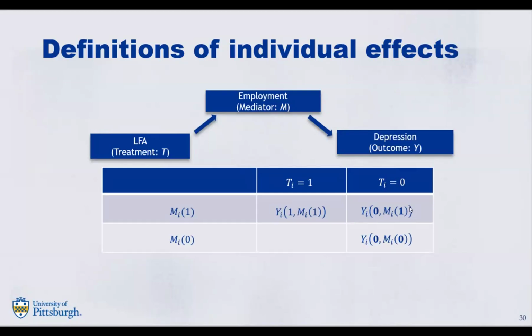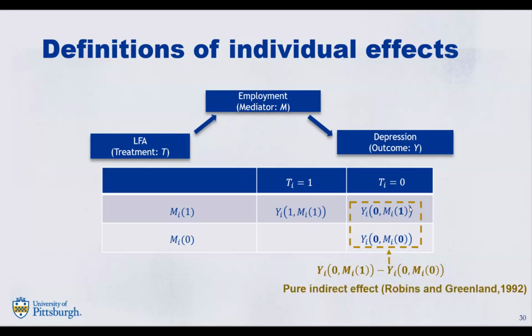Again, doing the same exercise, try to think about which two potential outcomes you are going to use to define the indirect effect, which reflects how the treatment-induced change in the mediator affects the outcome without changing the treatment. Yes, we're going to compare these two potential outcomes. We control the treatment at 0, while changing the potential mediator from M0 to M1. This is known as pure indirect effect.